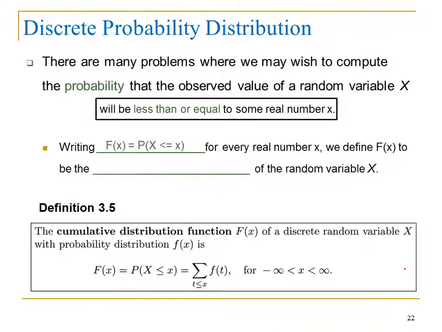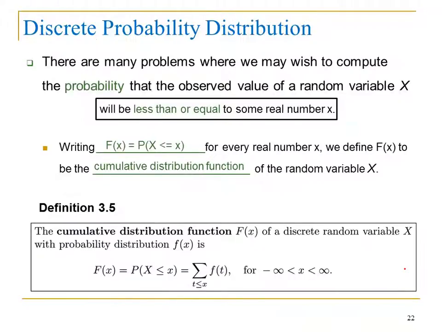So for every real number x, we define F of x to be the cumulative distribution of the random variable. So the cumulative distribution F of x of the discrete random variable x with probability function f of x is equal to the sum of the values of those random variables that are less than or equal to this number.